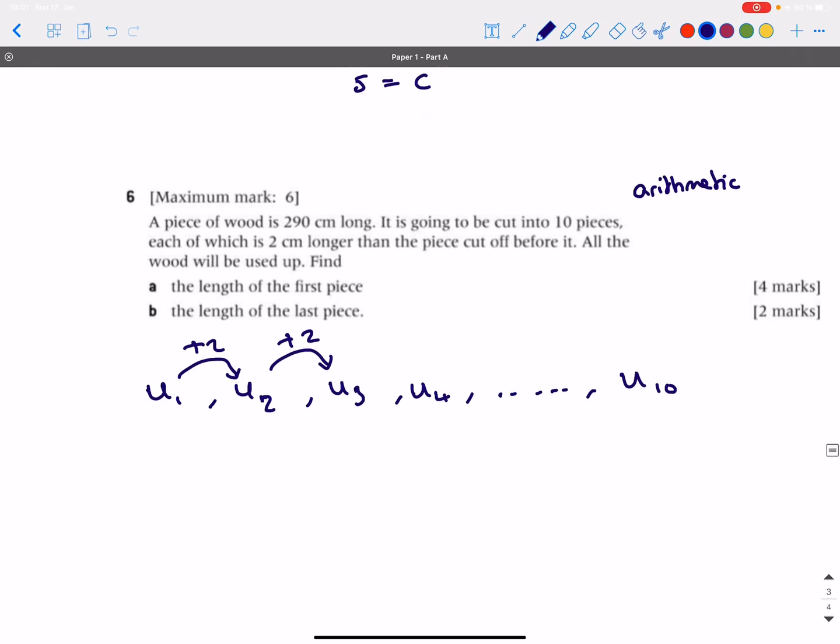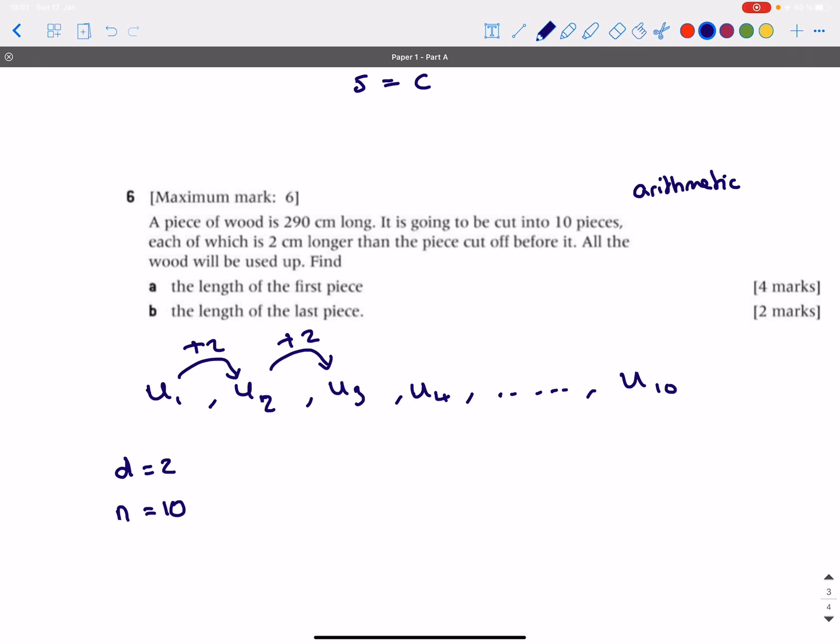Then I want to think about what information I have here. I don't know how long the first piece is. I do know I'm adding on 2 each time, so my common difference is 2. I know that in total I'm going to have 10 pieces, so my n is 10 by the end of it.